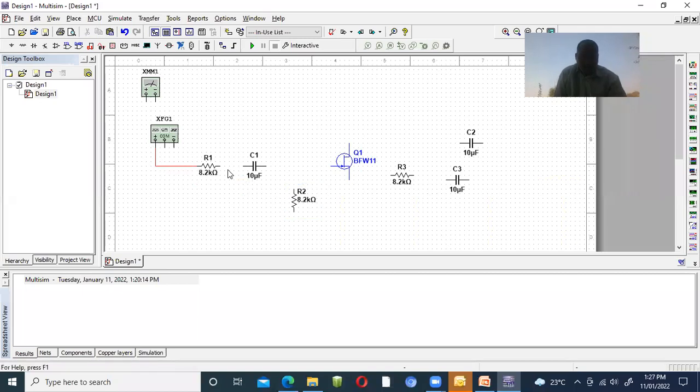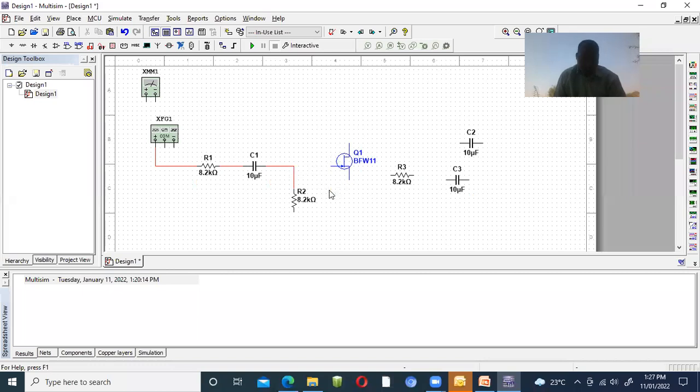Function generator positive. Second point of it is connected to the capacitor, right? After all that, here this should be connected to this resistor. So this should be connected to these resistors. After all that, this terminal is connected to here. See here.